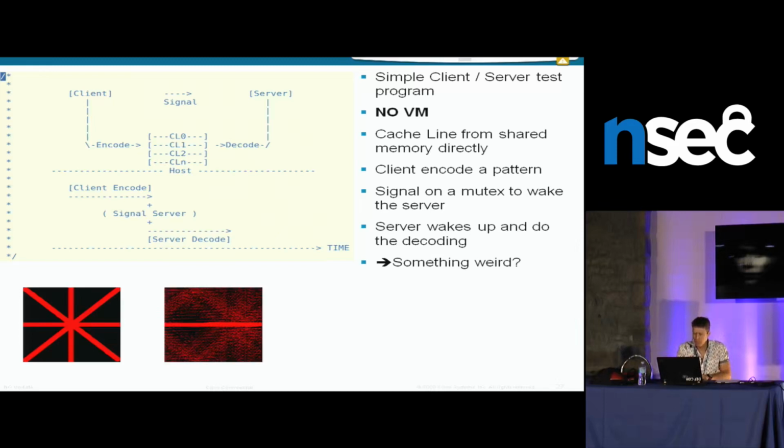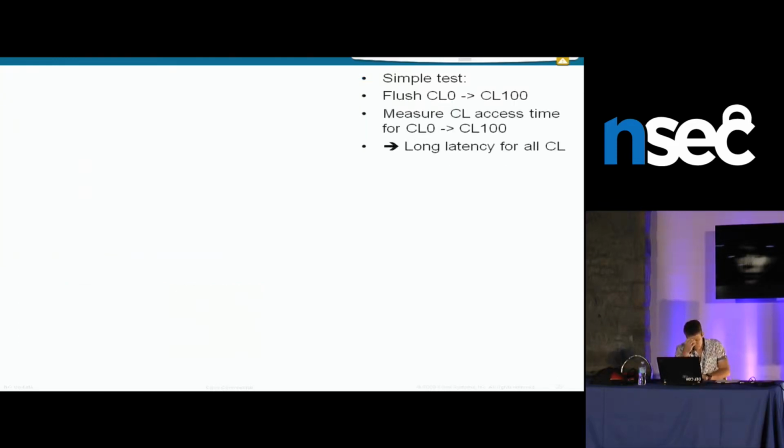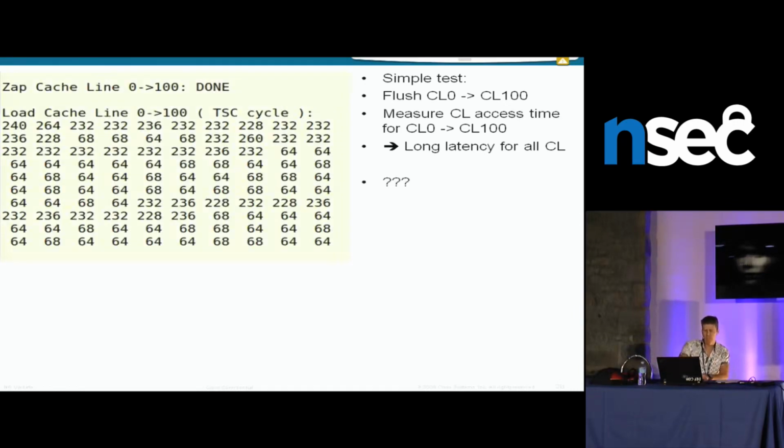But there is something weird going on. So I had to take a step back, and I wrote a simple test program that flushes all the cache lines from, let's say, 0 to 100, and I read them back and measure the latency. I'm expecting a long latency for all the cache lines. Now you see the result.